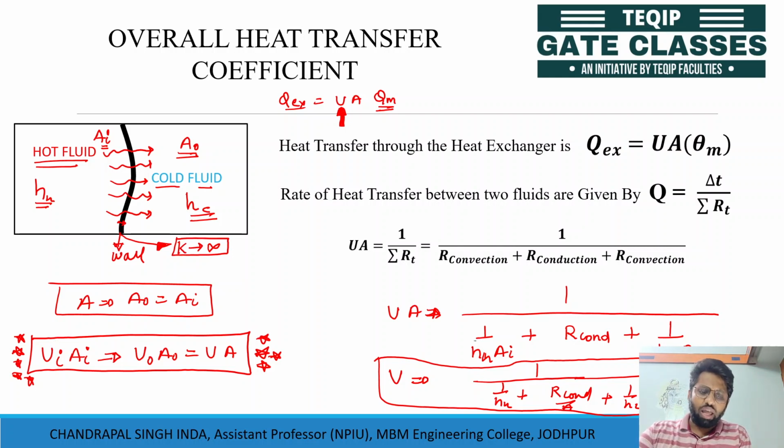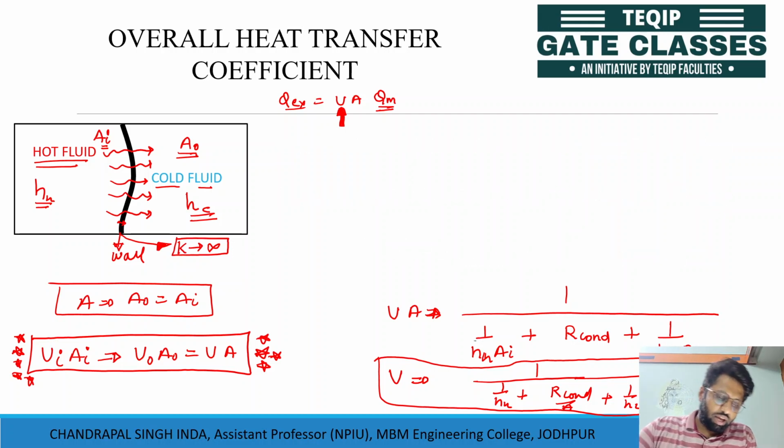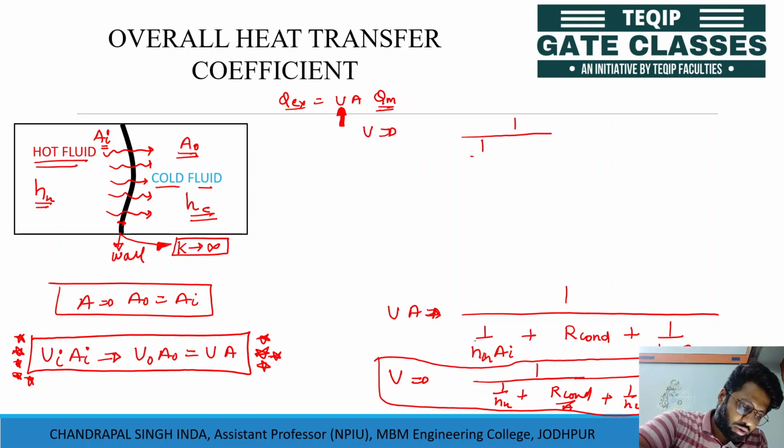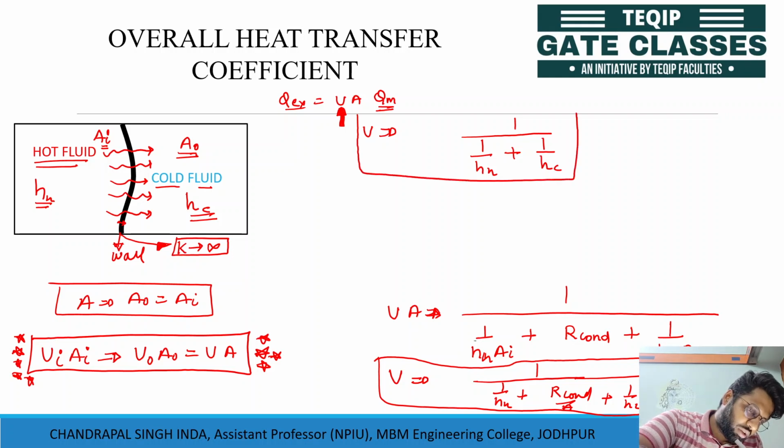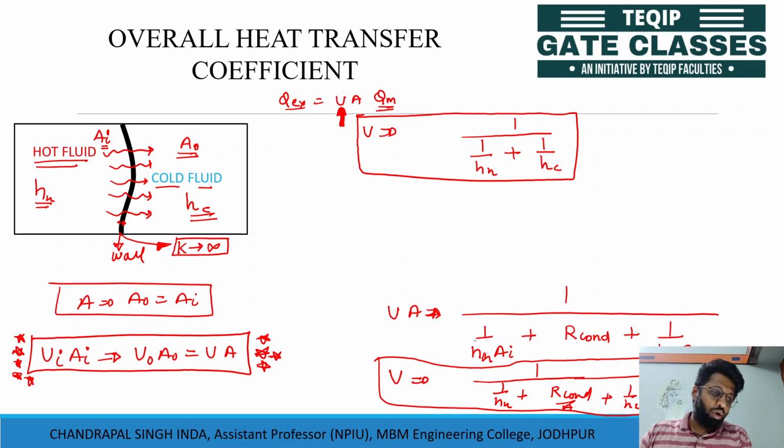So in that case R conduction is equal to 0, and the overall heat transfer coefficient U will be equal to 1 upon 1 upon hh plus 1 upon hc. So this will be the formula for the overall heat transfer coefficient.